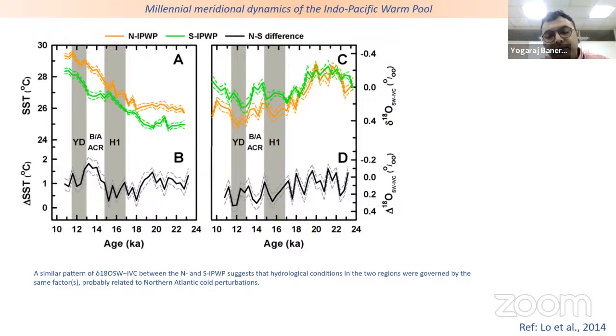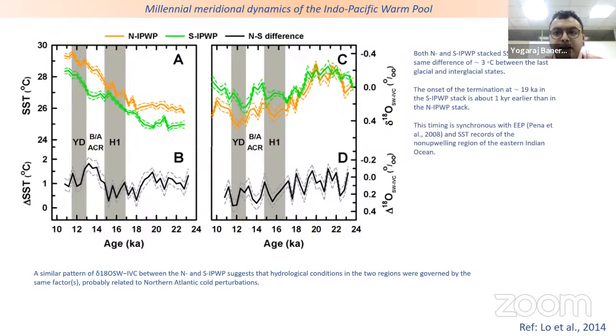Panel C represents the delta 18 of the seawater for both the northern and the southern part of the Indo-Pacific warm pool, and panel D shows the difference in the seawater composition between the northern stack and the southern stack.